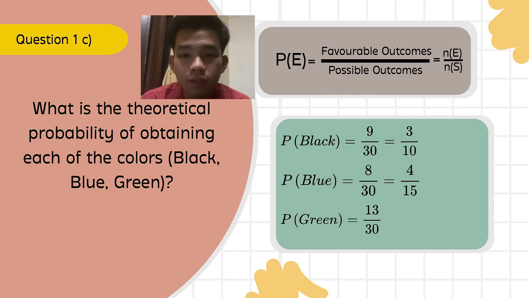For the black marble, the favorable outcome is 9 and the possible outcome is 30, so the probability of getting a black marble is 3 over 10. For the blue marble, the favorable outcome is 8 and the possible outcome is 30, so the probability is 4 over 15. And lastly, the probability of getting the green marble is 13 over 30.